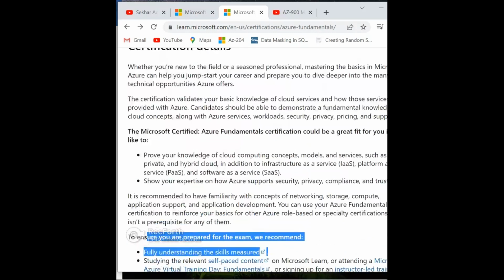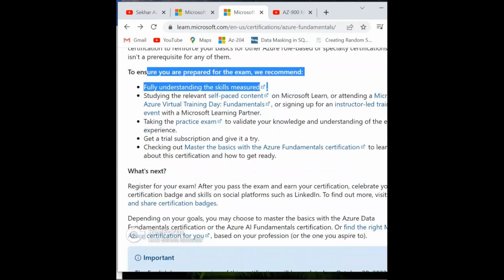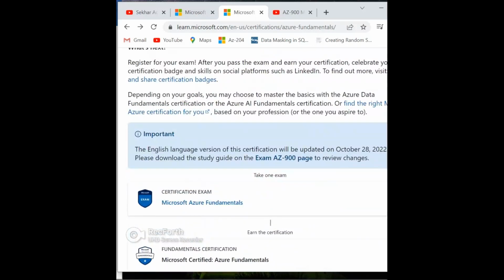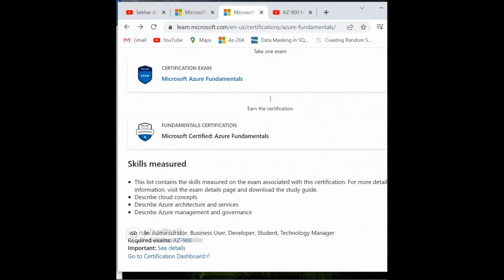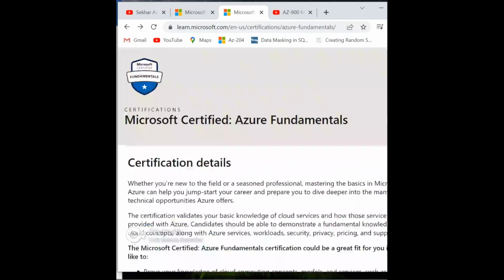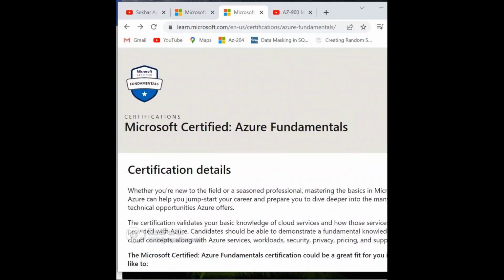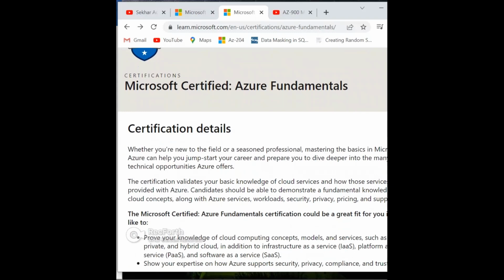No prior technical knowledge or IT experience is required. Both technical and non-technical background candidates can take this exam, so you don't need to have any expertise, technical or non-technical.